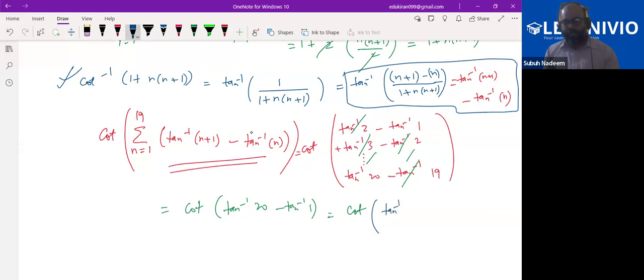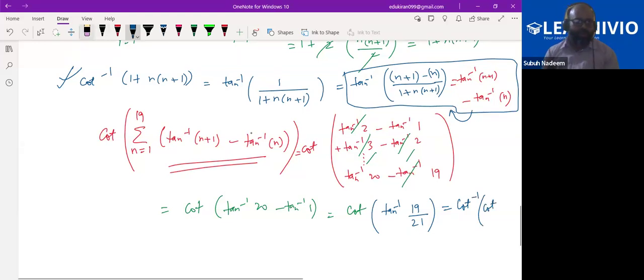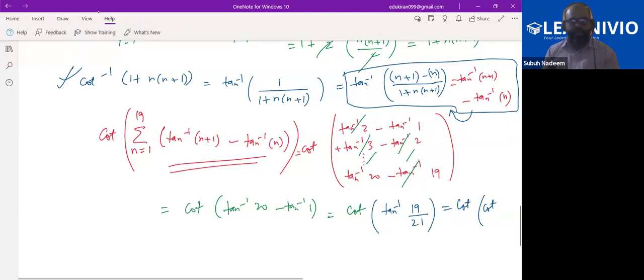So tan inverse of 20 minus 1, that will be 19, by 1 plus 20 into 1, that will be 21, right? So from this to this, we will change it like this. Now tan inverse of 19 by 21, and it is cot here, with tan inverse inside.